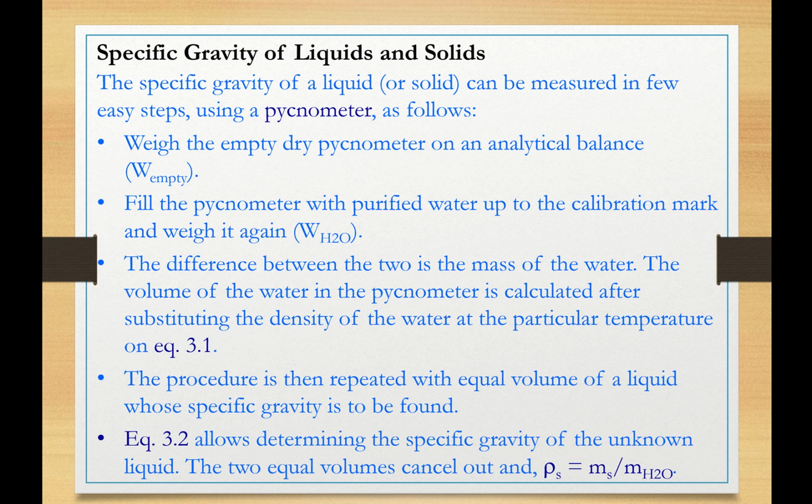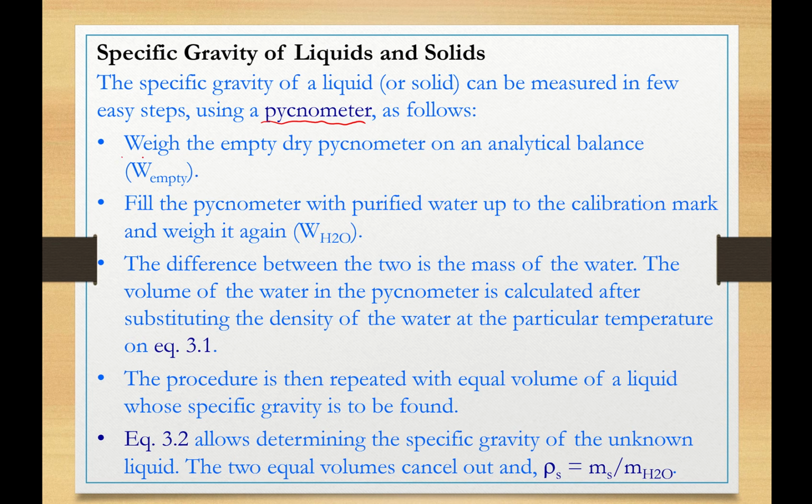How do we measure in the lab? At least one of the ways to measure specific gravity of liquids and solids in the lab is using a pycnometer. This is a vessel that could be made of steel, or glass, so you can see through. It could be made of a variety of materials. Basically, it involves 2 or 3 easy steps.